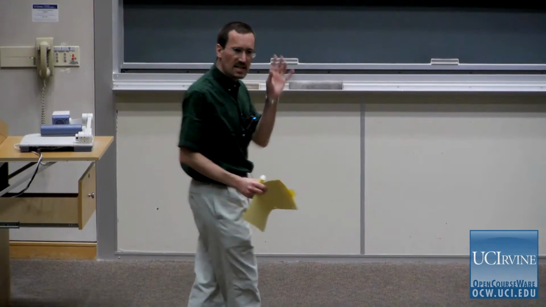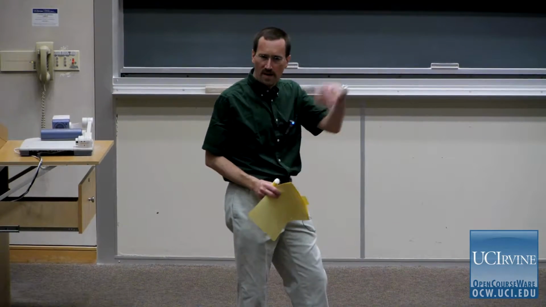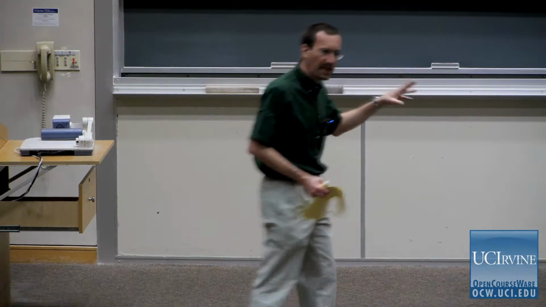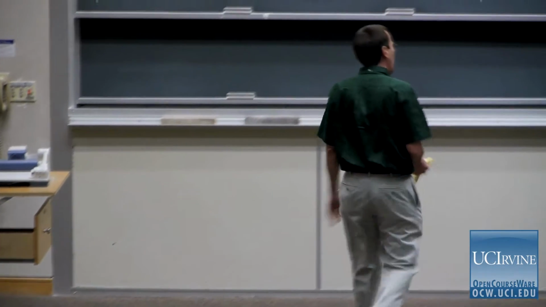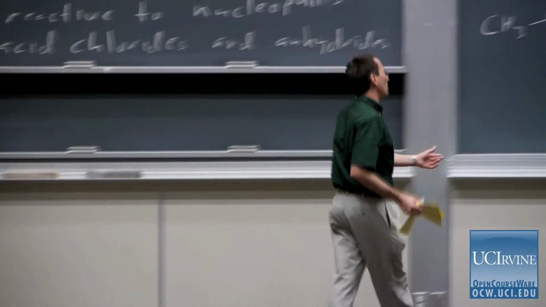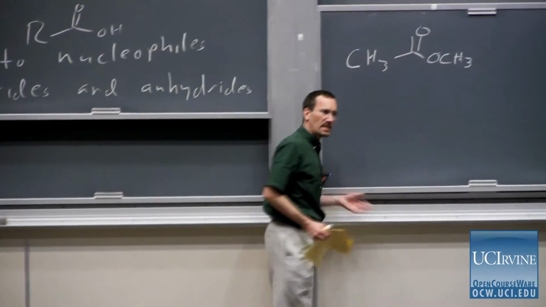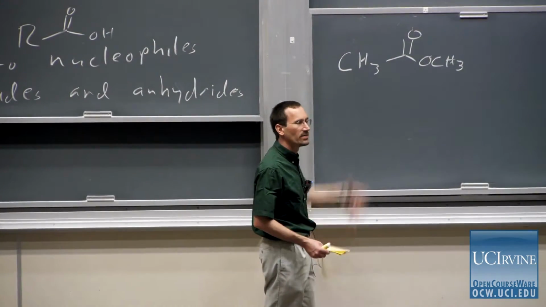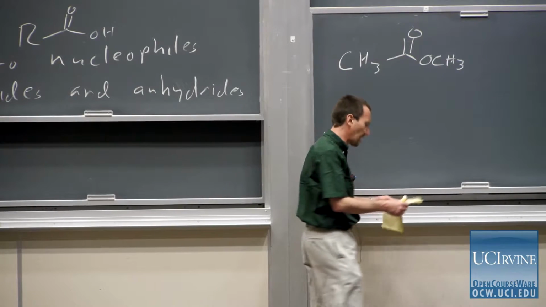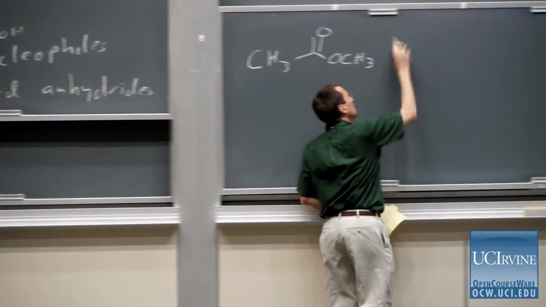And the reason I say typical ester is formates are a little different. Formic acid, although it's a carboxylic acid, is a little more reactive. But acetates and propionates and various other acids are all kind of the same. And let's take ammonia.